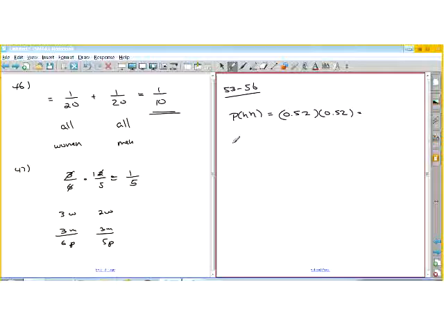So we'll just do all of them, then we'll write the answers down. The next one is the probability of getting a head and then a tail. The probability of getting a head the first time is 0.52. The probability of getting a tail the second time is 0.48. The probability of getting a tail and then a head is going to be the same as the other one.